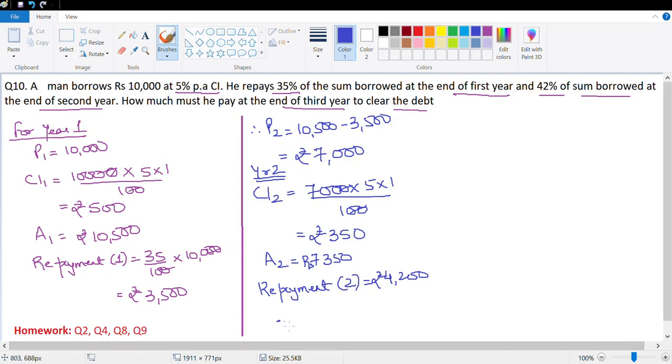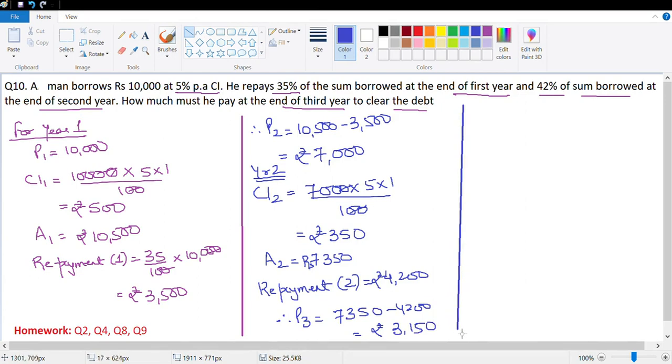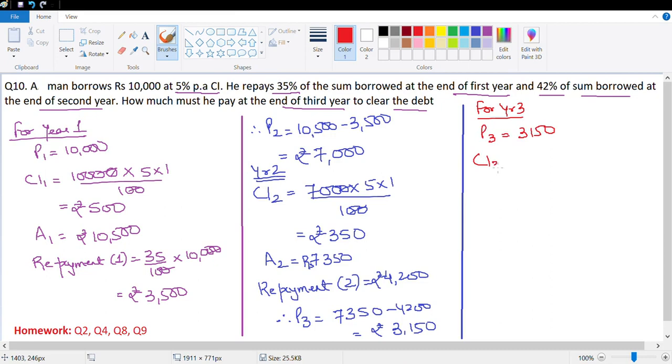Therefore, principal for year 3 would be 7350 minus 4200, which will be equal to rupees 3,150. That brings us to the last year. So for year 3, principal 3 we just calculated as 3150. Compound interest for third year will be 3150 into 5 into 1 upon 100.